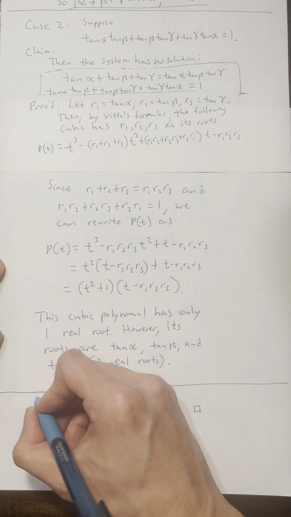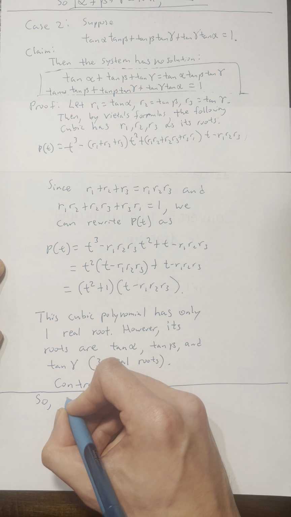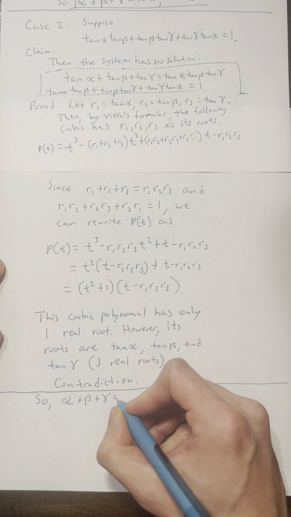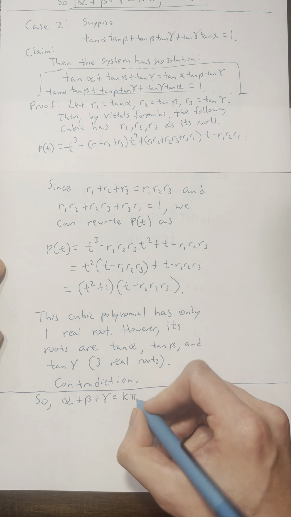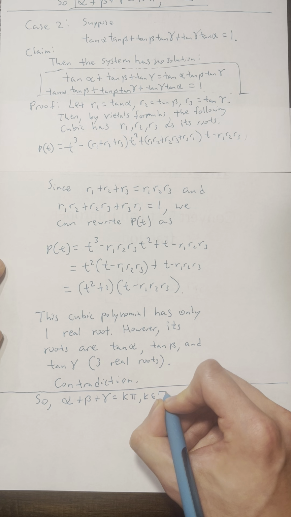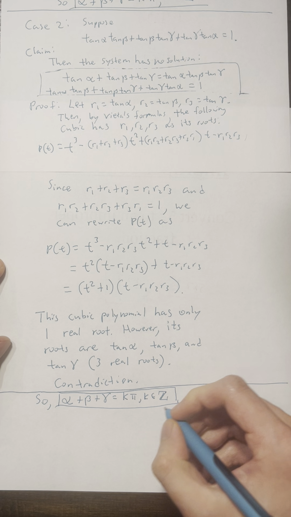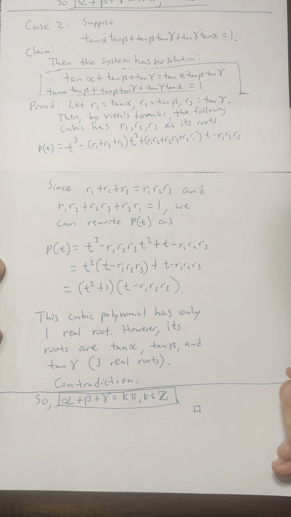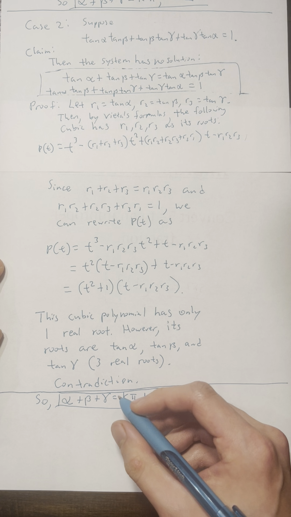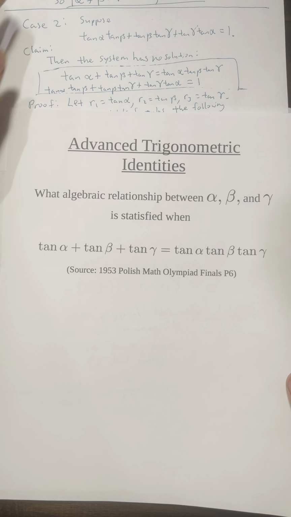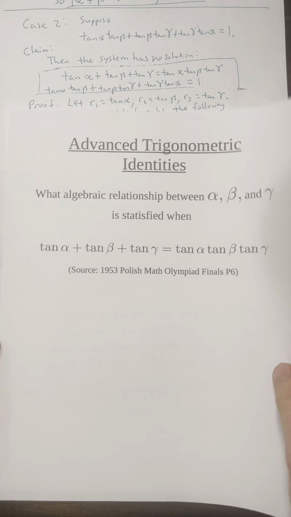So, alpha plus beta plus gamma equals k pi. K is an integer multiple of pi. Must hold, or should I say is the answer. Let's go back to the problem. Must be satisfied. Yeah, let's just rephrase their problem.